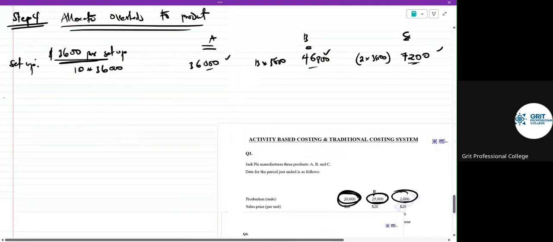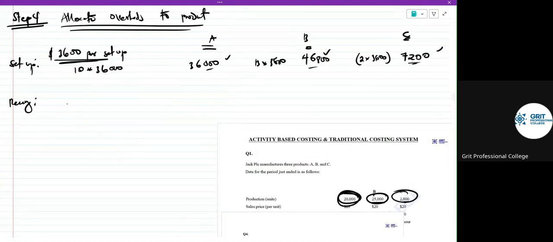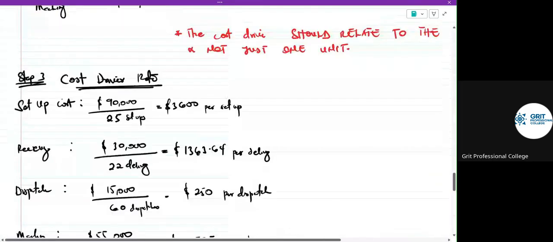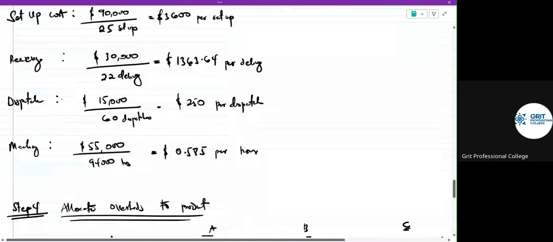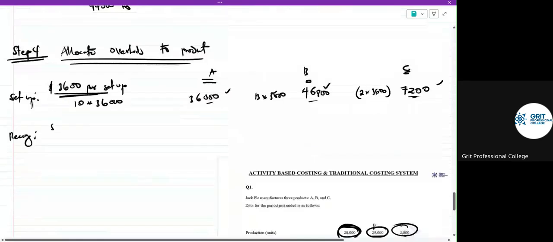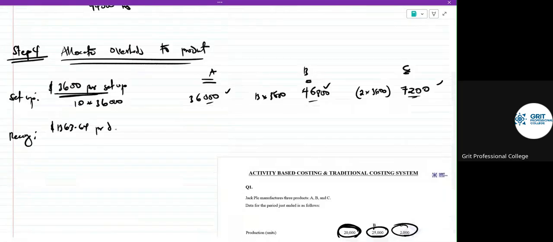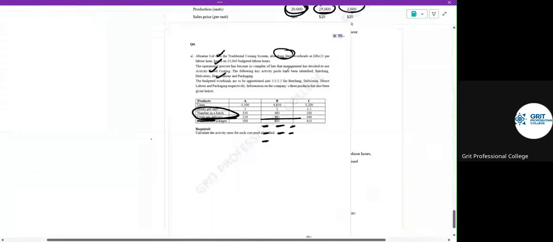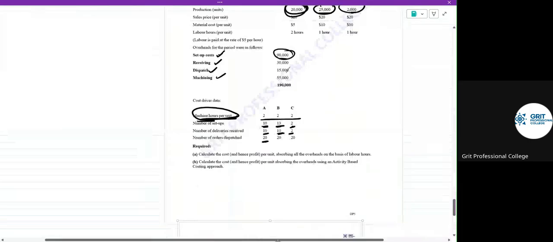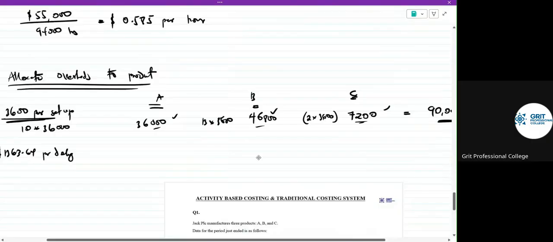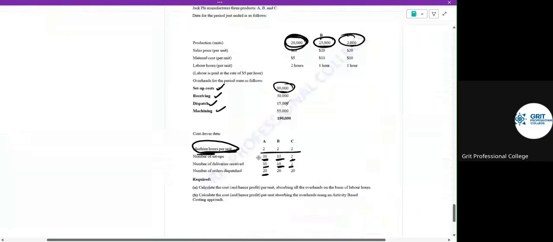Next one is receiving. The cost driver rate we got was 1363.64, I believe per delivery. So for A, how much did A contribute in the whole thing? A contributed 10.